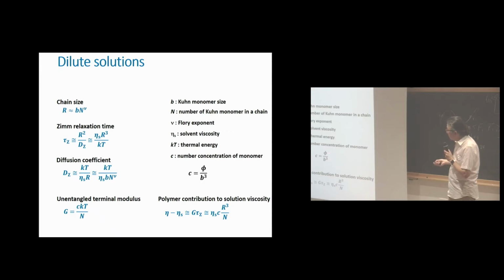The relationship is that c is phi over b cubed. This is also already shown. So N over c is the volume of one chain. Also, the polymer contribution to solution viscosity is given: the solution viscosity eta minus the solvent viscosity eta_S is the product of modulus and the relaxation time. Then you have this relationship. Basically, that's what you have already learned.